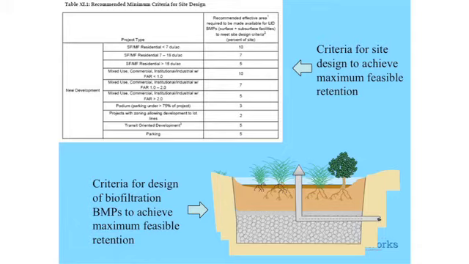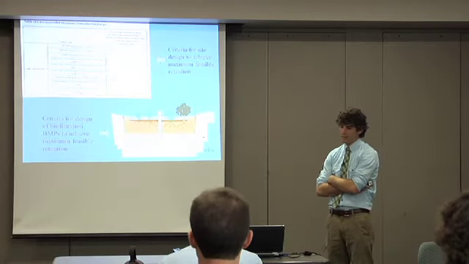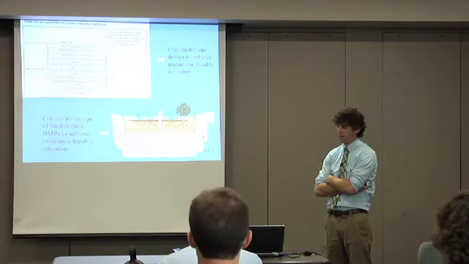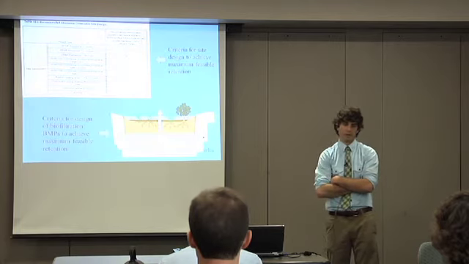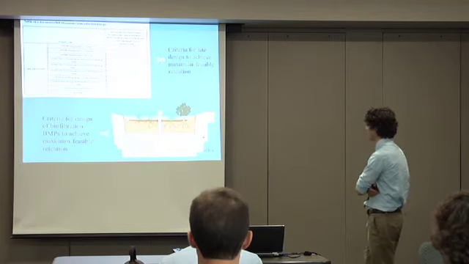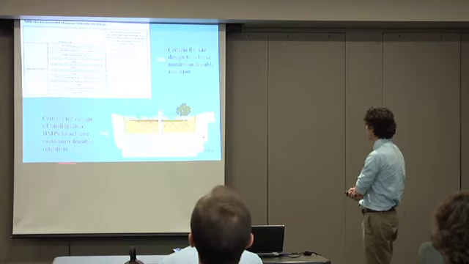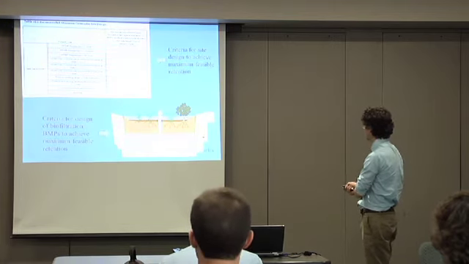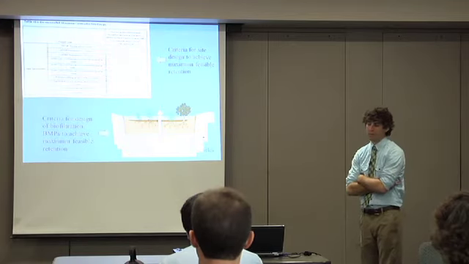The other aspect is, if you do pass feasibility screening, there's the requirement in the permit to design biofiltration BMPs to achieve the maximum feasible retention. So what does that mean? What we've interpreted that to mean is if you're going to design biofiltration, your first option should be to try and provide a gravel sump storage layer below the underdrain.